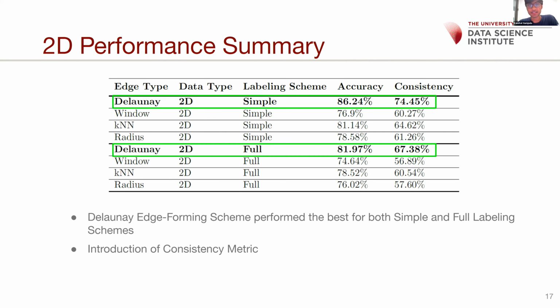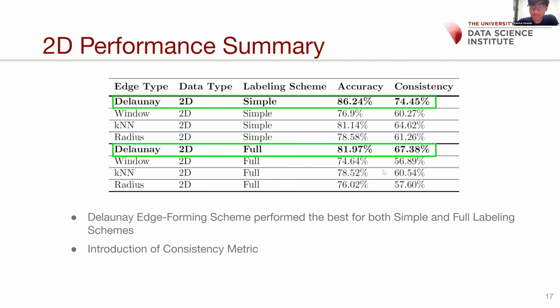Other things you can notice is that the full labeling scheme consistently performs worse, which is clear when you consider that the classification target for the full labeling scheme is larger, and based upon the data statistics I showed in the previous slide, the unmerged classes also have much lower representation.